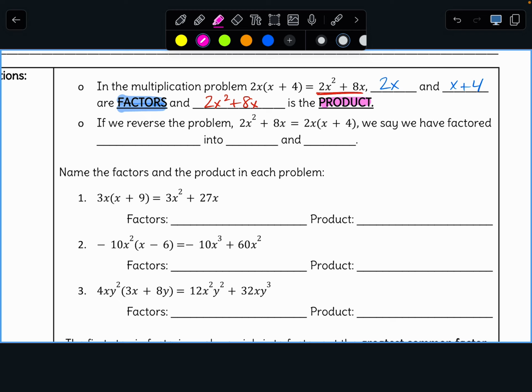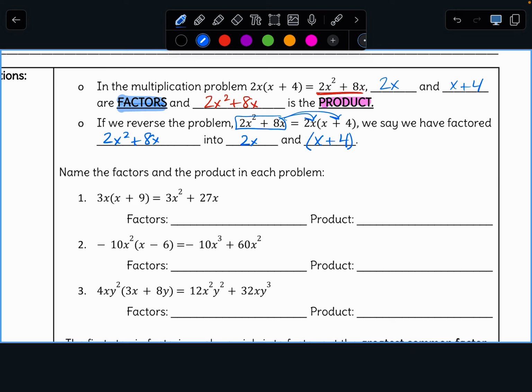So if we reverse the problem, when we do it backwards and we take our answer and break it into two pieces, we say that we have factored 2x squared plus 8x into 2x and x plus 4.